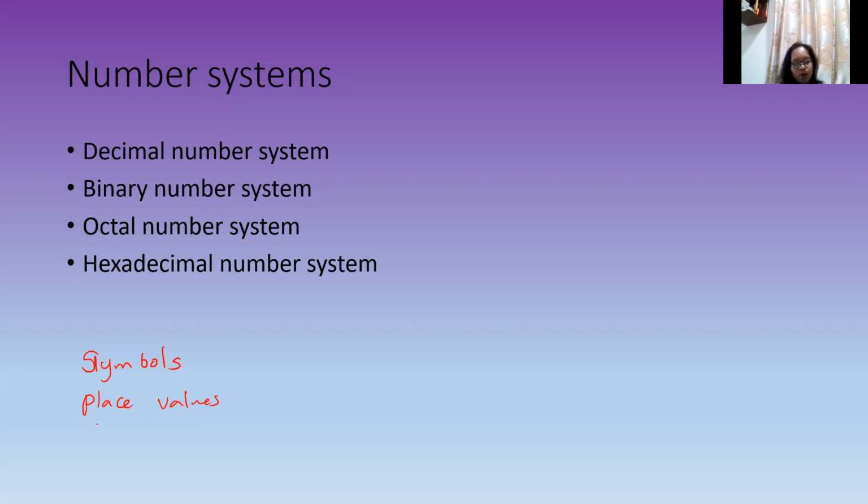And then you have to know the bases; each of these number systems has a base, right? So these are the 3 main things that you have to know regarding each number system. Then we will move on to the calculations after discussing each of these features.